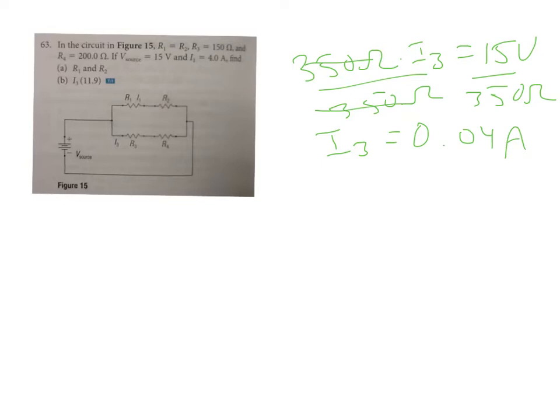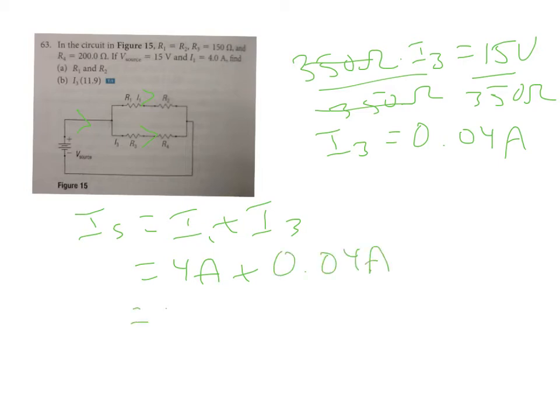I also know that all of my current at this point, the current from the source, is split into I1 and I3. I1 was given to us as 4 amps, so the current at the source is I1 plus I3, which we just discovered is 0.04 amps.